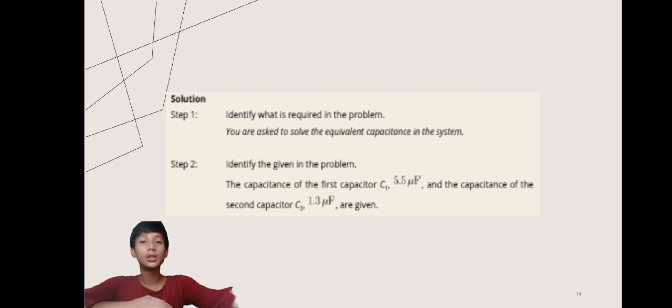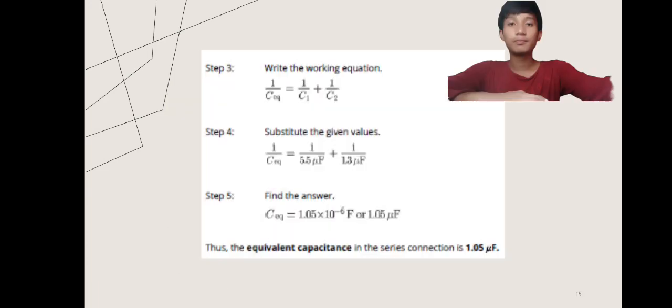Next, we need to identify the givens of the problem. We were given the first capacitor and the second capacitor, which are 5.5 μF and 1.3 μF.